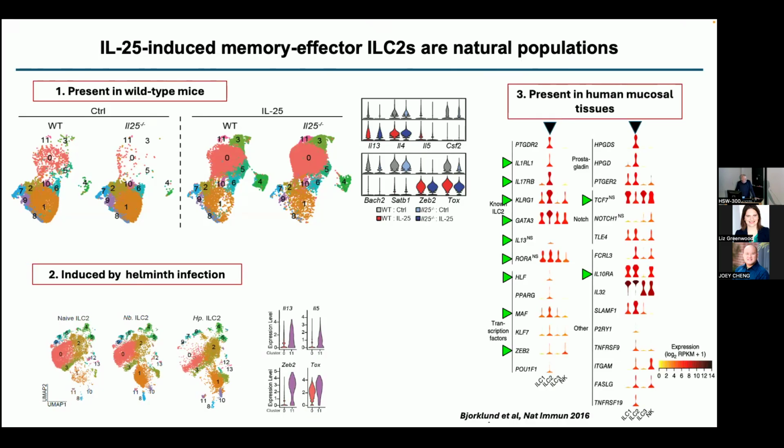This is a study from Jenny Mossberg, and I've highlighted in green many of the things these cells show: ZEB2, with ILC2 in the middle here, HLF, which we see, which links into circadian rhythms, IL-13, all of the defining criteria, KLRG high, and TCF7, LEF1 low, which correlates with a more stem-like compartment. So the things you see in the tissue are these memory effector cells.